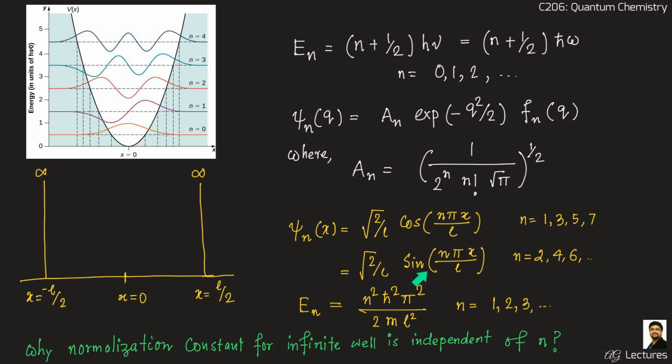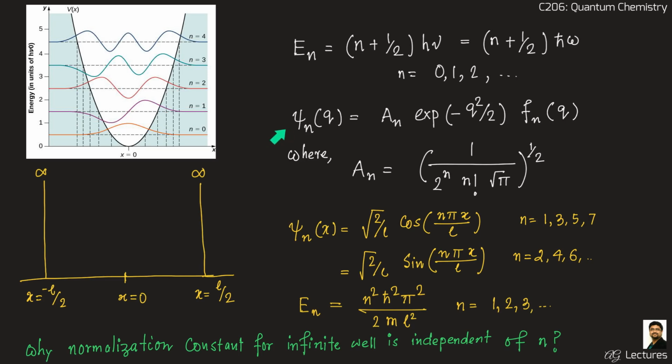The cosine and sine functions are still oscillating between +1 and -1. Then what's the effect of n? In this case, the effect of n is in the argument of the cosine and sine. It simply means that it is changing the frequency only. As n goes higher and higher, the frequency becomes larger.